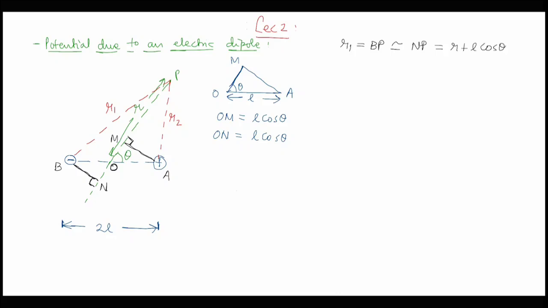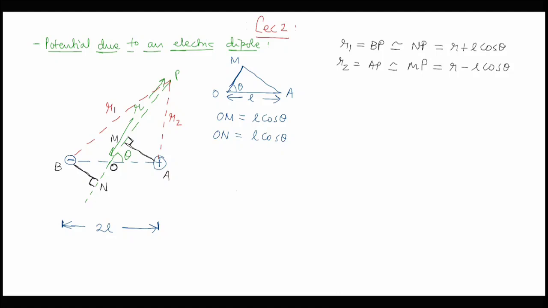The distance OP was already R, we have added ON to it to make it R plus L cos theta, and similarly the distance R2, which is equal to AP, can be approximately written as equal to MP, which is equal to R minus L cos theta. These are the valid approximations which we are using, and again I am repeating that the distance 2L is smaller in comparison to the distance R.